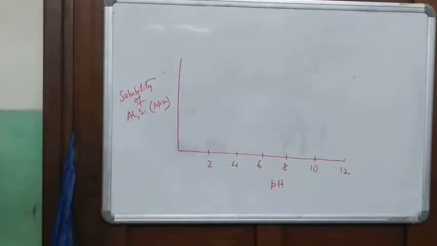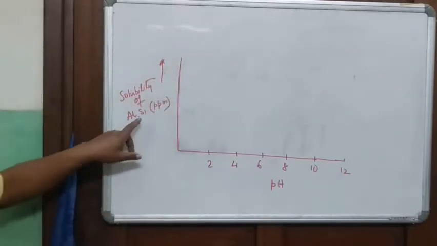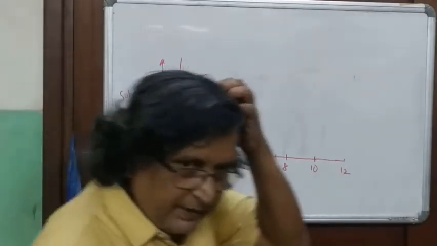This diagram shows the solubility of aluminium and silicon in parts per million.